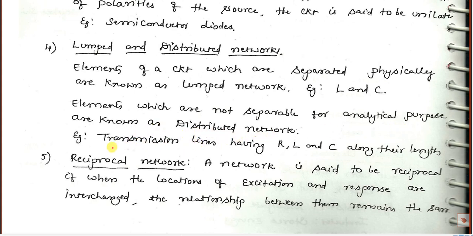For example, take power transmission lines. They have R, L, C components, but they are not physically separated. They are distributed throughout the transmission line. So that is called a distributed network. Lumped is where elements are separated physically, and distributed is where they cannot be separated for analytical purposes, but actually they are distributed throughout the lines.